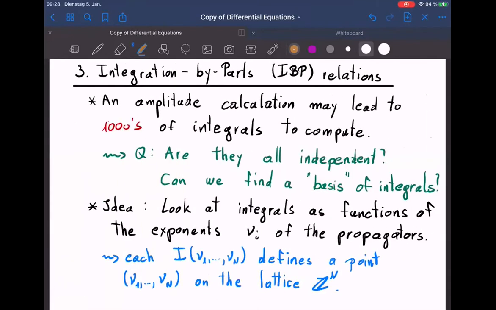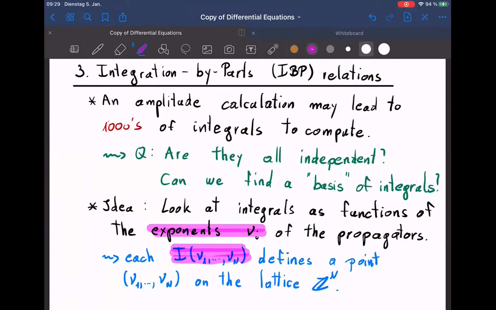And the idea goes as follows. Remember that I have defined my integrals as depending on these nu_i's, these exponents of the propagators. I'm now going to look at the integrals as being functions of these nu_i's, functions of these exponents.